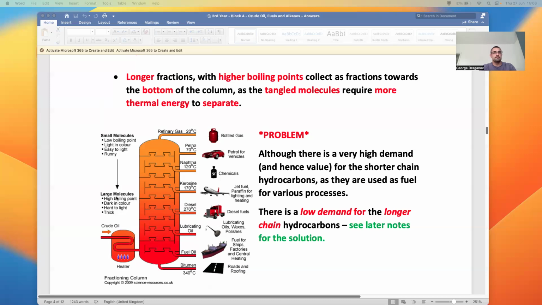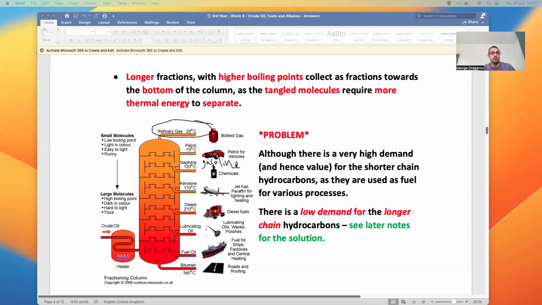The thing to note is that you'll need to know the order in which these come off and what their uses are. In your syllabus, you'll need to know refinery gas is the first one that comes off. Then you have something called gasoline. You might see it written as gasoline.